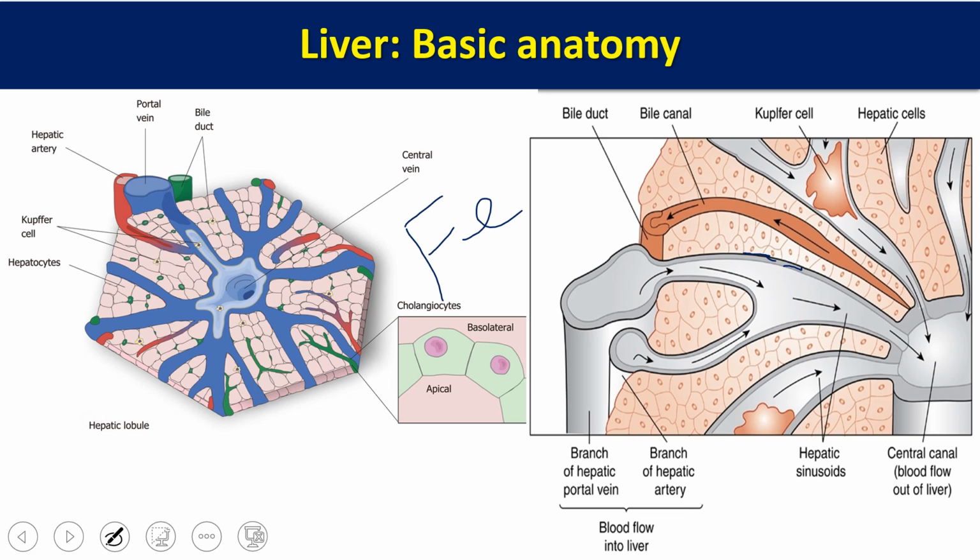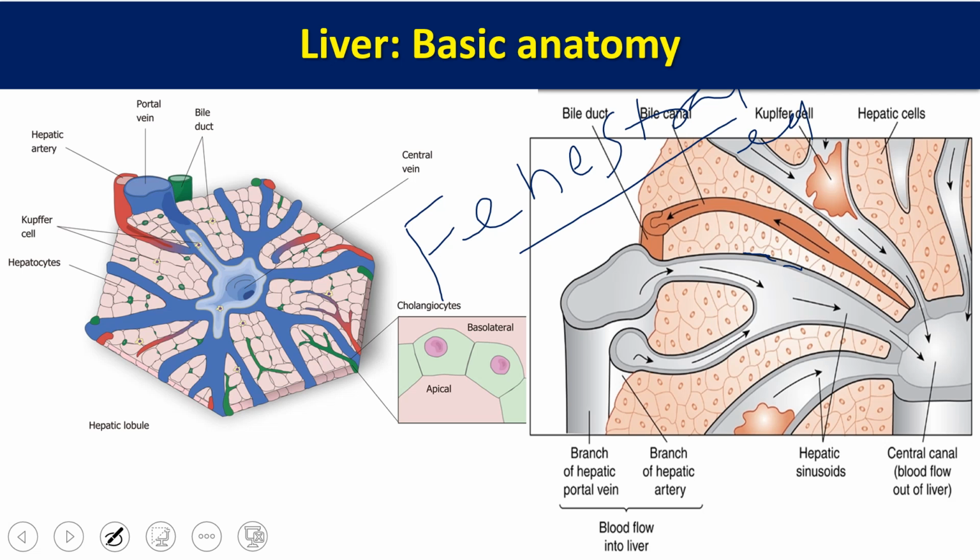Fenestrated means sieved. It has pores, meaning large gaps. The gap between two endothelial cells is slightly bigger, so that components can easily be given to the hepatocytes. So they are called fenestrated. Fenestrated means sieve-pored endothelial cells. That is the special feature of the sinusoidal membrane cells, the endothelial cells.